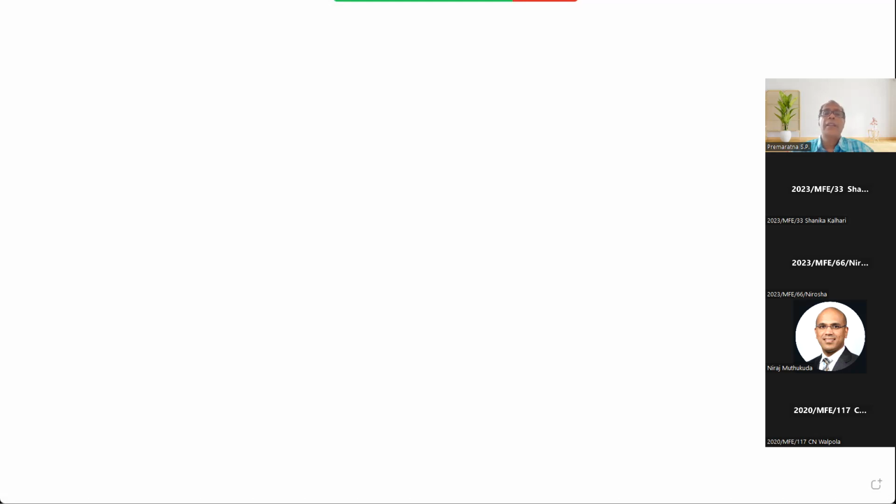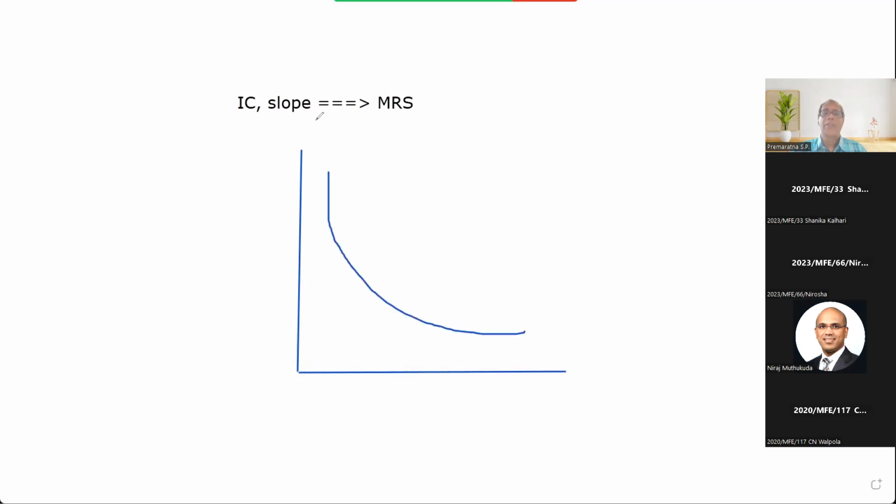So now if you look at the indifference curve, the slope is very important. Slope, what we call MRS, the marginal rate of substitution. So if I draw an indifference curve like here, two goods, we can say this side, let's say maybe the consumption good.